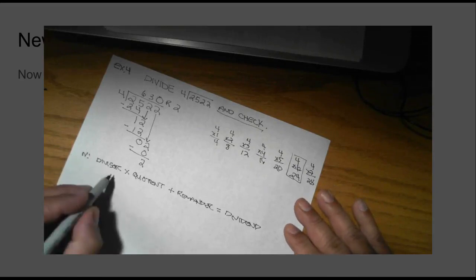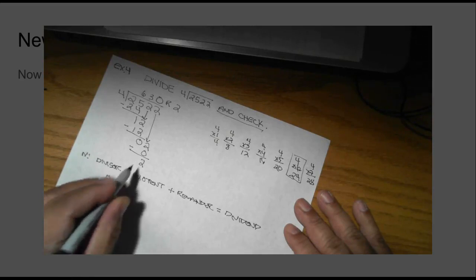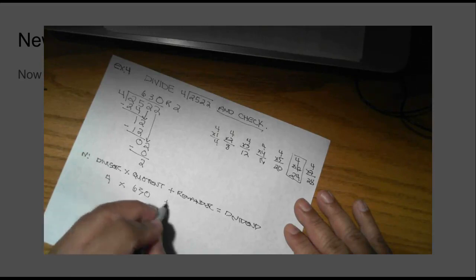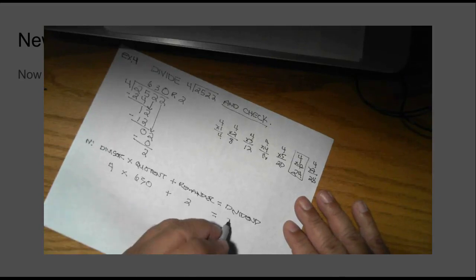Okay? So the divisor here is 4. The quotient is 630, and the remainder is 2. So let's go ahead and see if that indeed equals 2,522. So let's go 630, and we're going to multiply that by 4. 4 multiplied by 0 is 0.